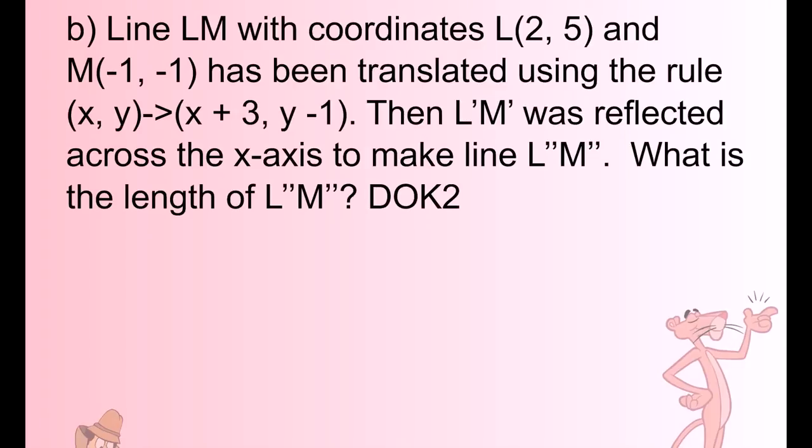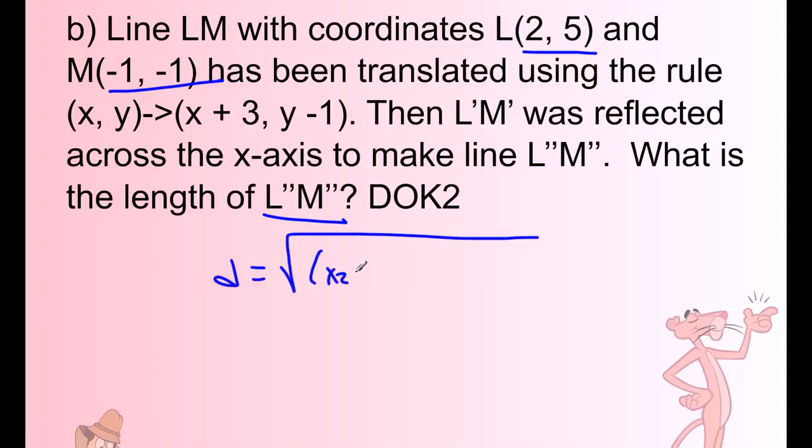We didn't have to go through and do the reflection and the translation. All we have to do is figure out the length of this line, which will be the length of my new line. So the distance formula, again, x2 minus x1 squared plus y2 minus y1 squared.